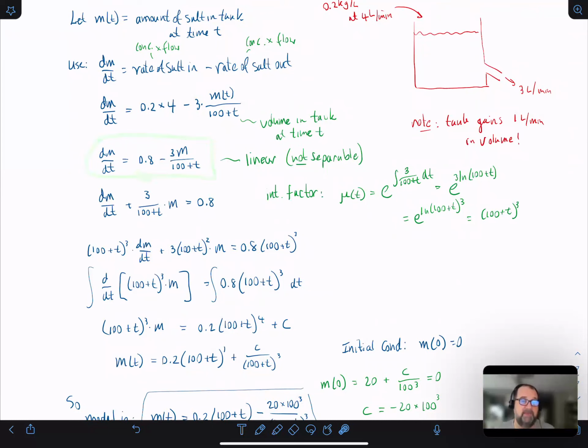It turns out that this one is linear but not separable. So we're going to have you try to do this one by a linear method. Again, our first step would be to write it in its standard form. You can then see the p function here and use that p function to come up with your integrating factor and so on. It will be something like this on my open math.